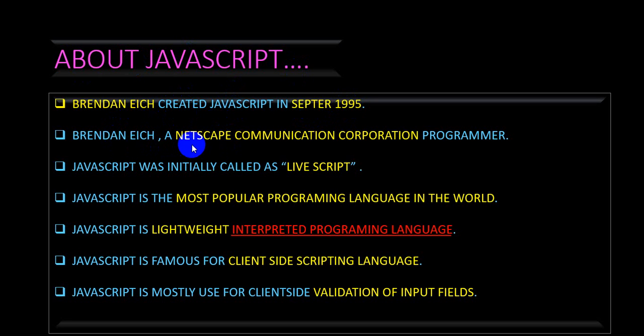Brendan Eich, Netscape Communication Corporation. What is Netscape Communication Corporation? It is a company, an organization in which Brendan Eich was working. Who was Brendan Eich? He was a programmer who was working in a company named Netscape Communication Corporation.